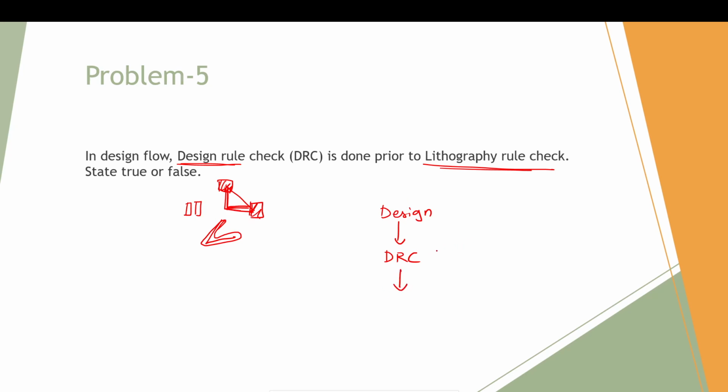Once you have done the DRC check, you usually check the layout versus the schematic. Whatever schematic you had thought, is it the same, so all the interconnects are the same, and you are not accidentally making some other device out of your layout. So this is an optional step. Usually the design will be correct.